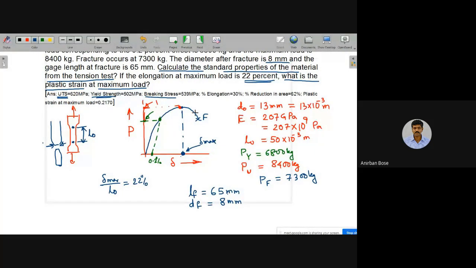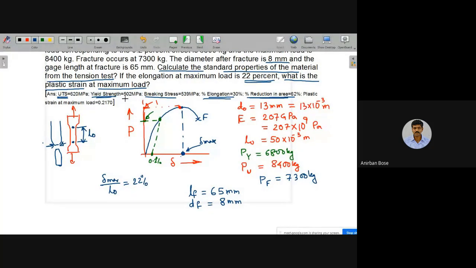Breaking stress, or the fracture strength of the material, is another one. Then percentage elongation, which is a measure of ductility. Percentage area of reduction is also a measure of ductility. And finally the plastic strain at maximum load. Okay, so let us try to solve this problem.